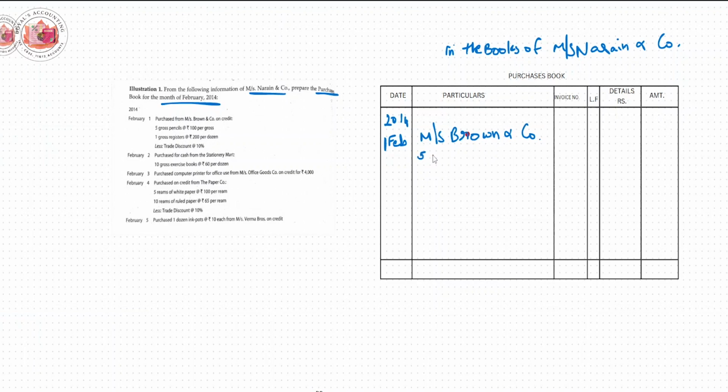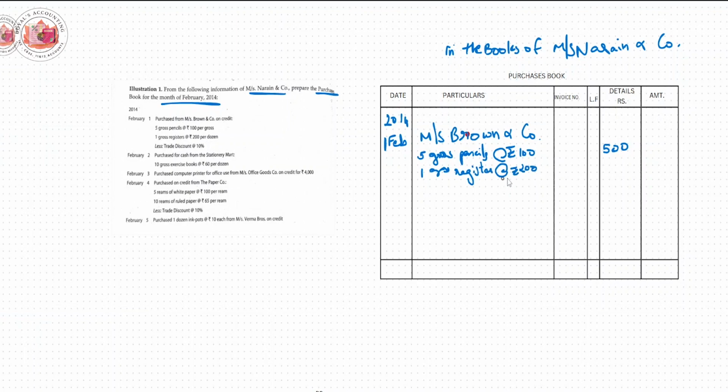5 gross pencils at rupees 100. So that will come up to 500. And here I have 1 gross register at rupees 200 per dozen.